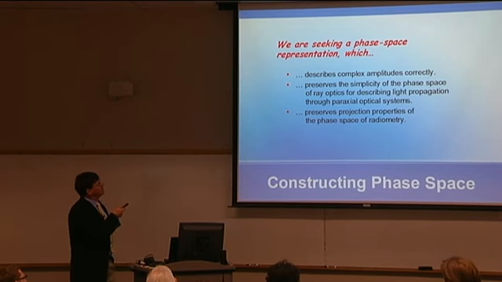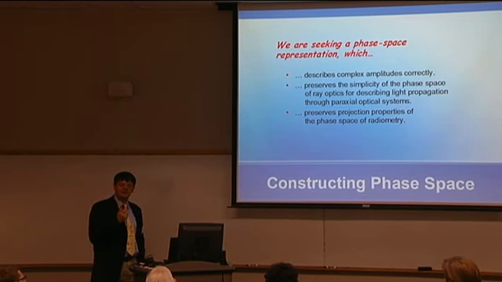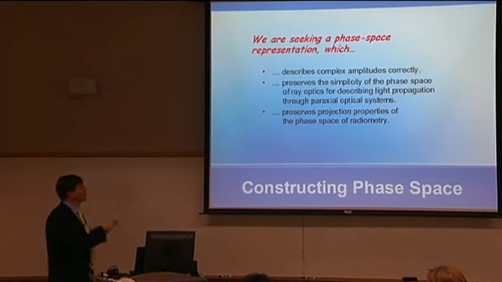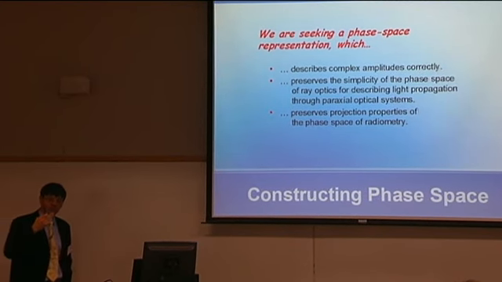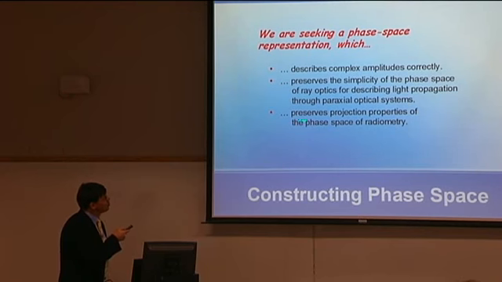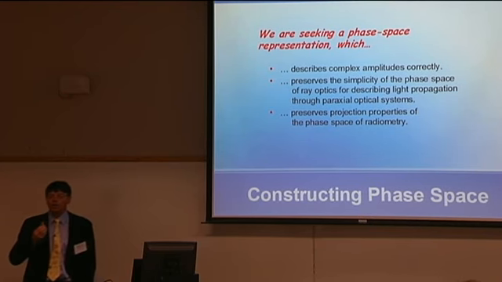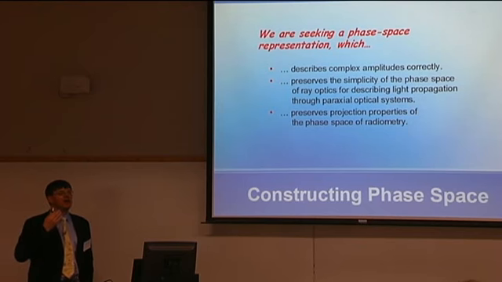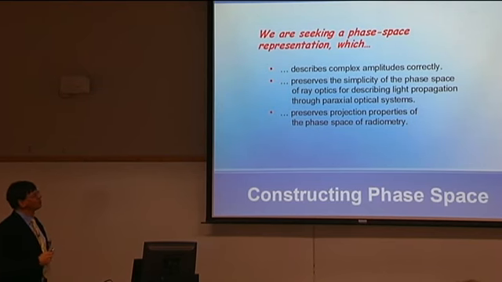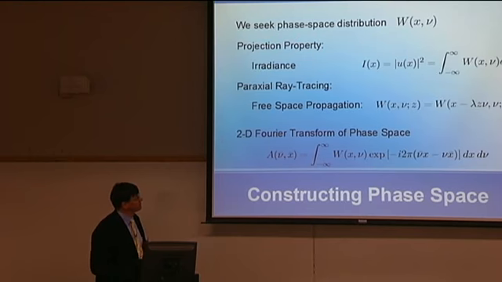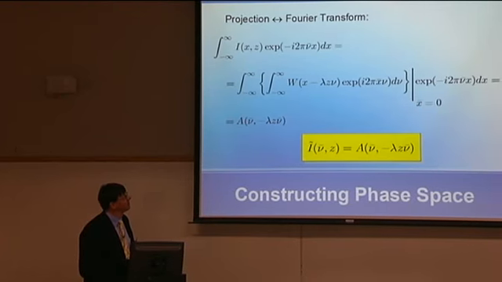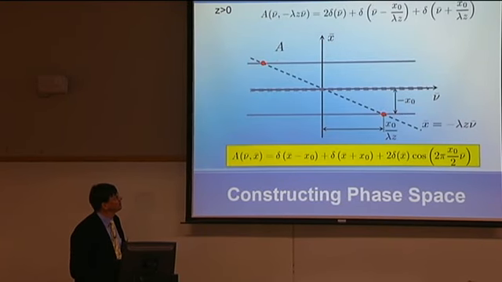What I'm arguing here is that if you have certain ideas about the properties of your phase space, for instance, it should describe the complex amplitudes of a coherent optical wave correctly, but it should preserve at the same time all the nice properties that we know from the light fields or the geometrical optical phase space, then we have actually only one choice. To show this would really require us to dive a little bit into the mathematics, and I would like to skip this.